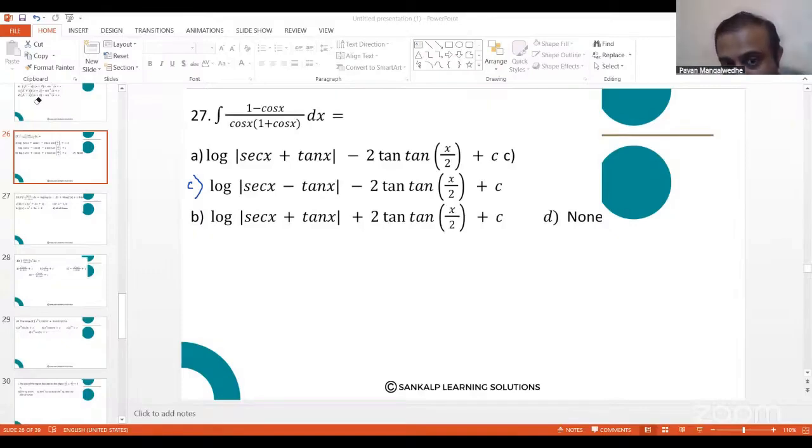So which option will be correct? One minute, I have to think about this. Meanwhile, you try this. It can be resolved by, all of you know, that in the numerator 1 plus cos x minus cos x is 1, because cos x and cos x get cancelled.